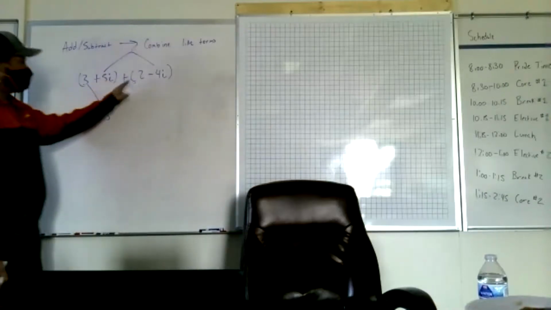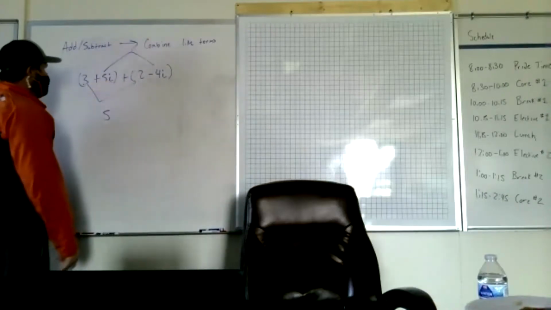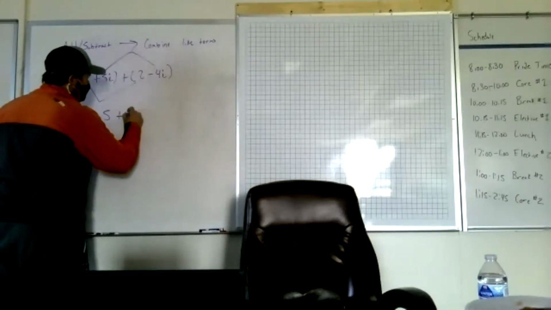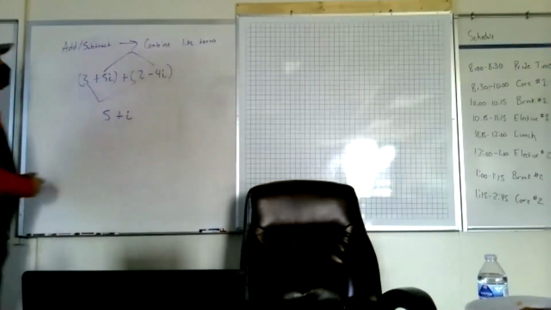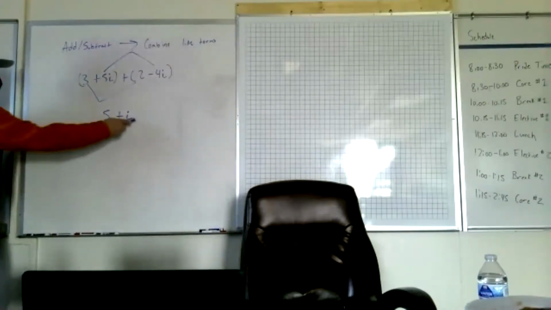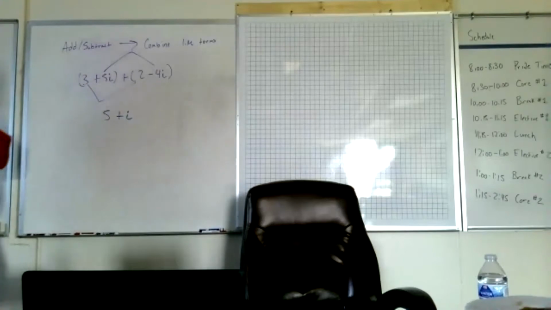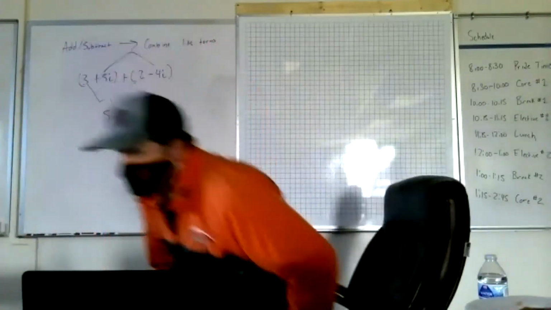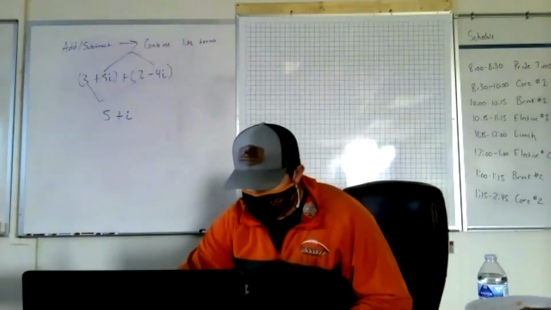What's 5 plus a -4? Well, that's going to be 1 as a positive. So the answer to this one, after we combine like terms, is 5 plus i. Okay, combining like terms for addition and subtraction.